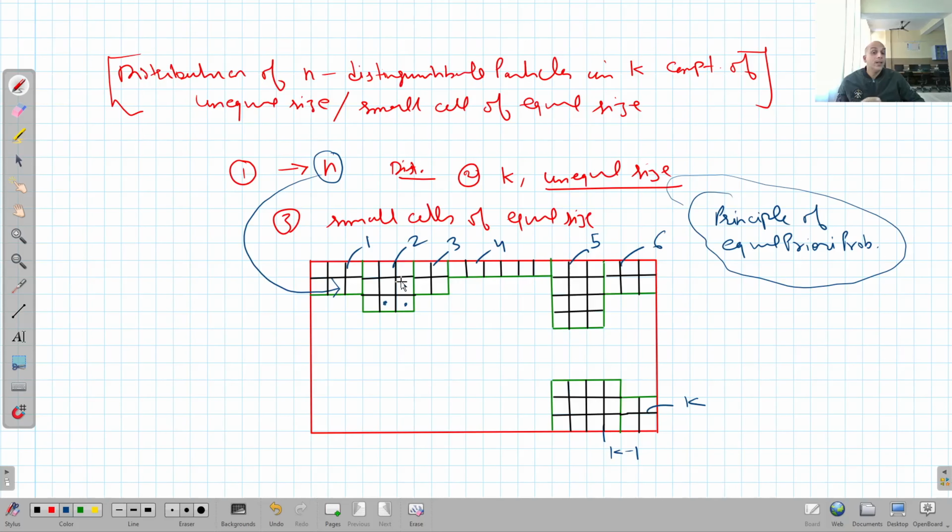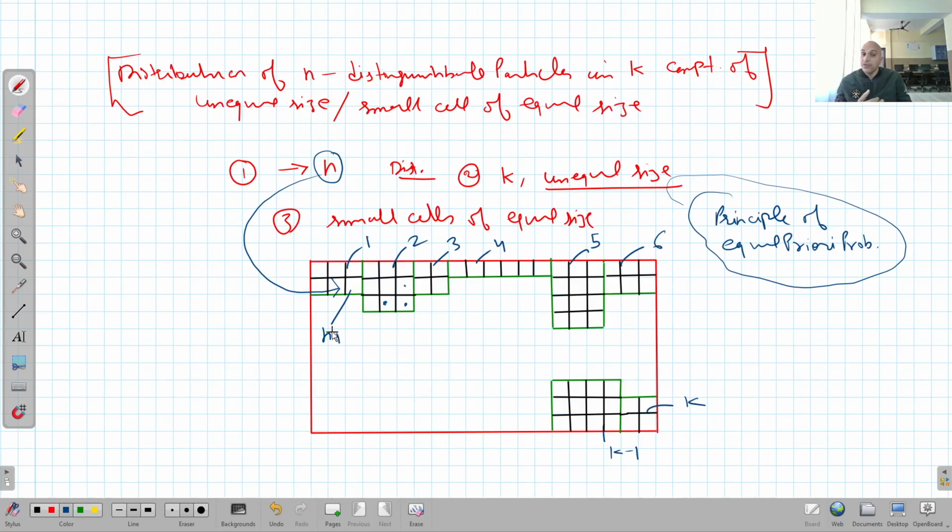Now we can apply the principle of equal a priori probability when I am distributing some number of particles in the given compartment. Suppose in the first compartment there are n1 particles, for example. Then when the n1 particles go into the first compartment, they have equal probability of entering any of these small cells.